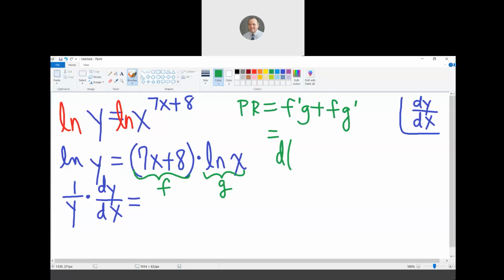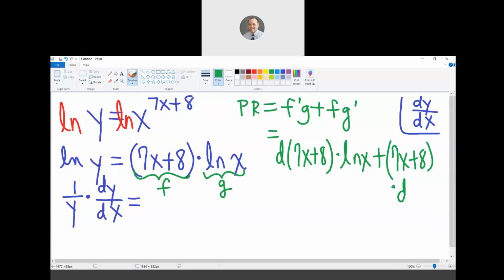The derivative of 7x plus 8 times the natural log of x plus 7x plus 8 times the derivative of natural log x. The derivative of 7x plus 8 is simply 7.